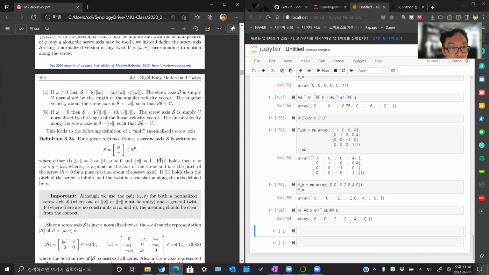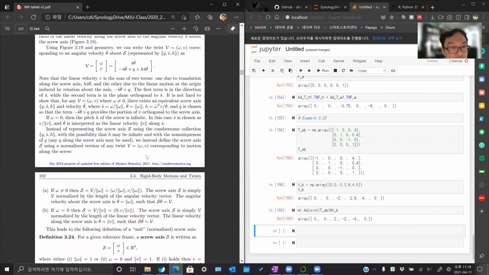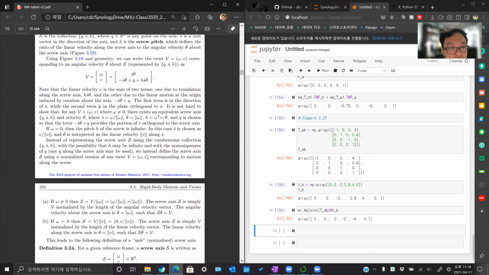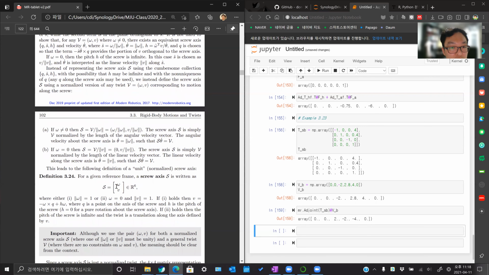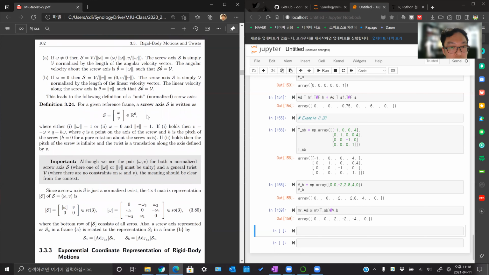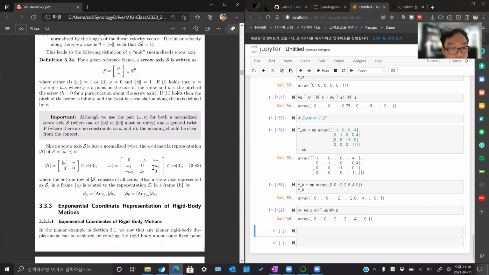Actually, this part is a little bit confusing because we are using the same symbol here and also here. But we should know that the screw is a normalized twist, the concept of normalized twist.